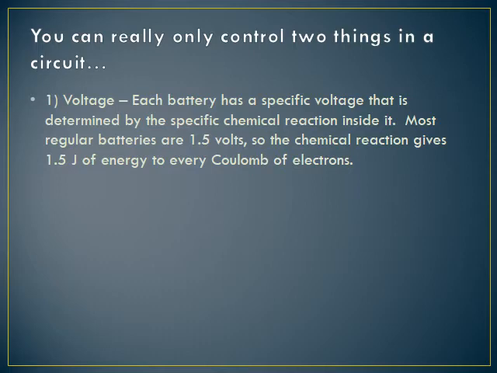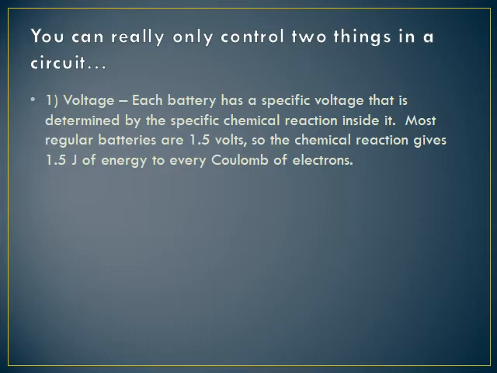Most regular AA batteries that you are used to are 1.5 volts. So this means that the chemical reaction inside is giving 1.5 joules of energy to every coulomb of electrons that goes by. So as electrons go through each battery, they are picking up a little bit of energy as they go.